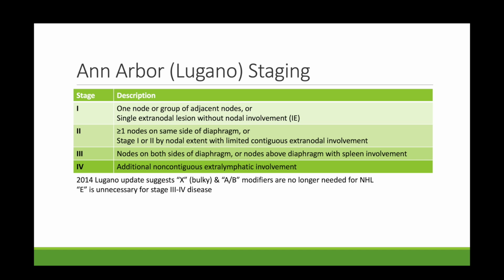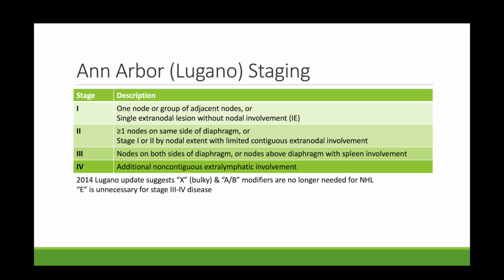Stage 2 is more than one node on the same side of the diaphragm, or stage 1 to 2 by nodal extent with limited extranodal involvement that is contiguous to the nodal disease. Stage 3 is if there are nodes on both sides of the diaphragm or nodes above the diaphragm with splenic involvement. And then stage 4 is additional non-contiguous extralymphatic involvement.